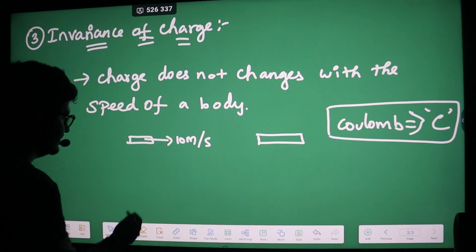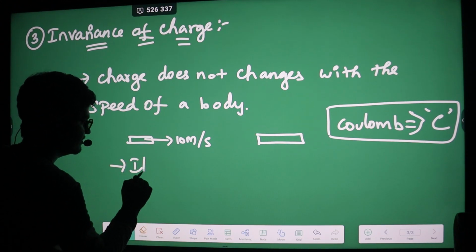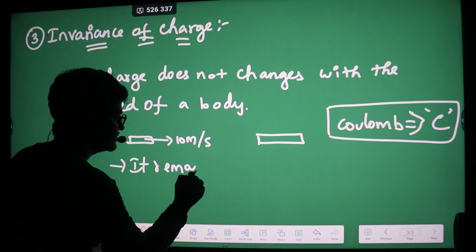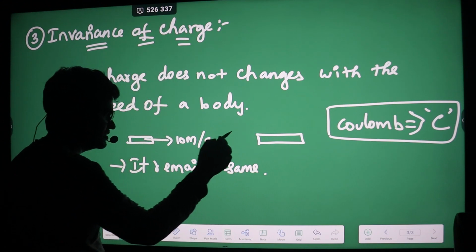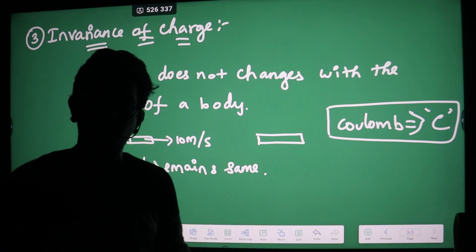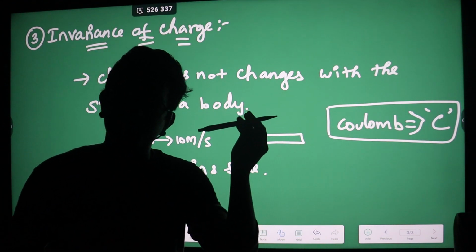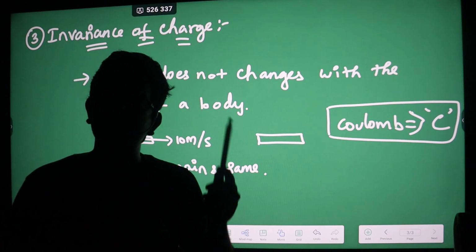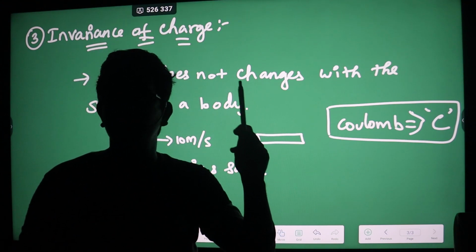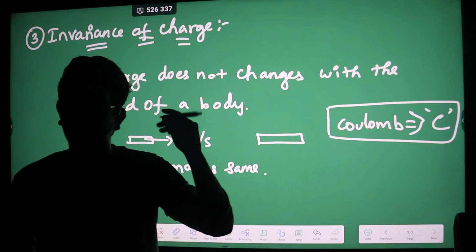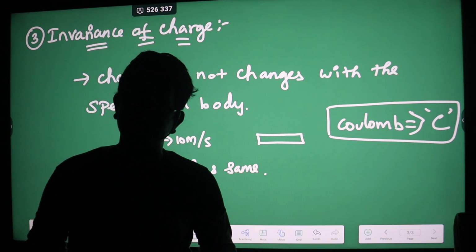So here the answer is it remains the same. Charge value remains the same even when the speed increases or decreases, or when it is at rest. The body always has the same magnitude of charge as it has in the rest state or in motion.